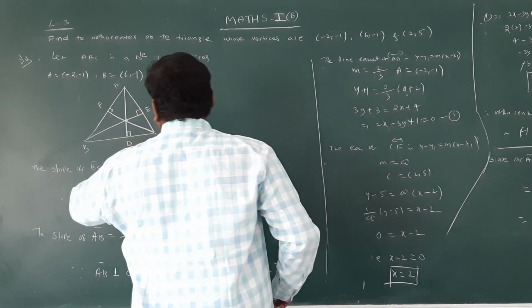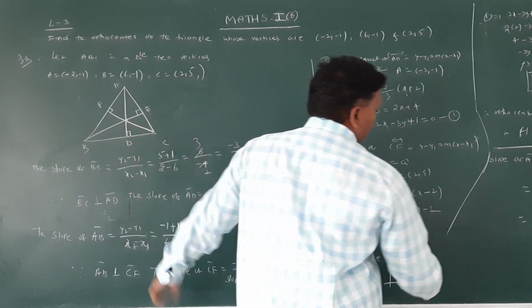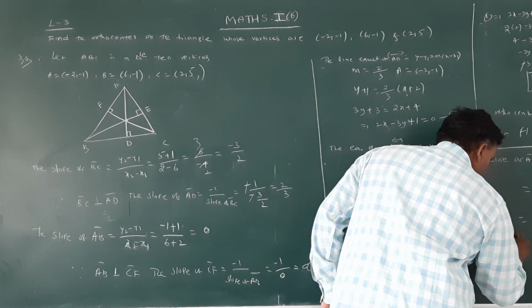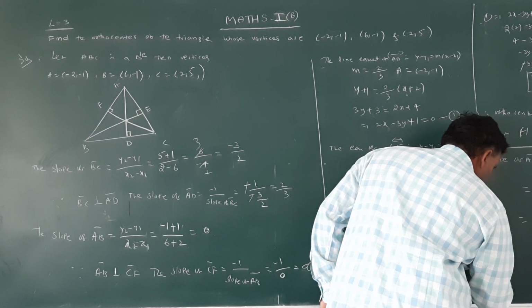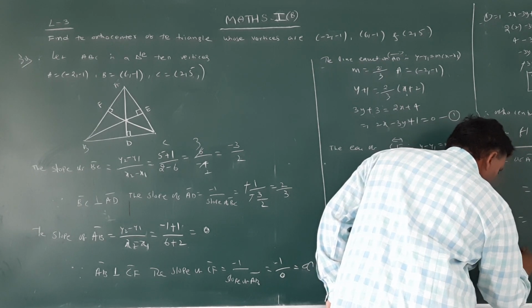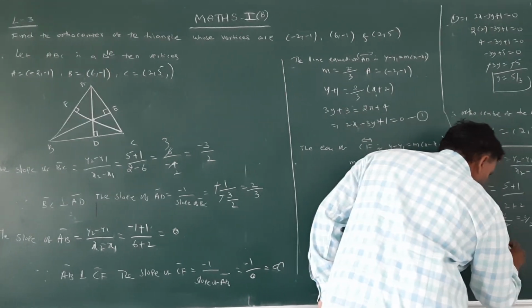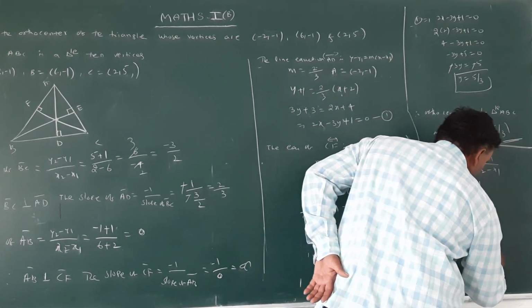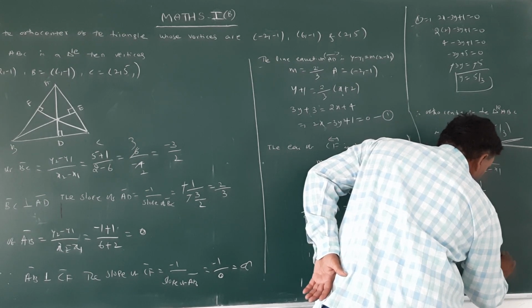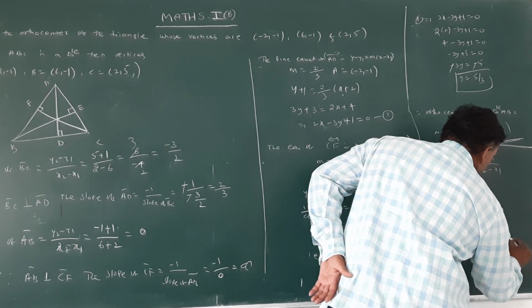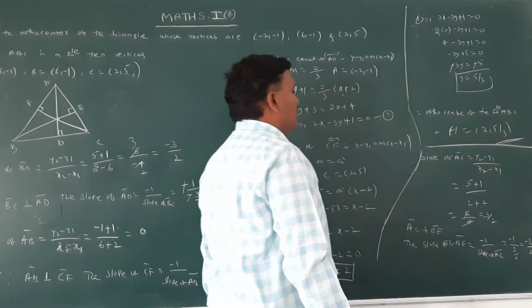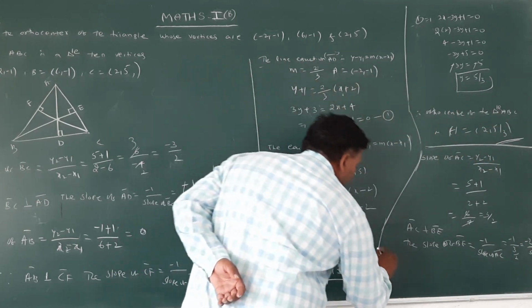AC is perpendicular to BE. Then slope of BE is equal to minus 1 by slope of AC, which is equal to minus 1 by 3 by 2, which is equal to minus 2 by 3.